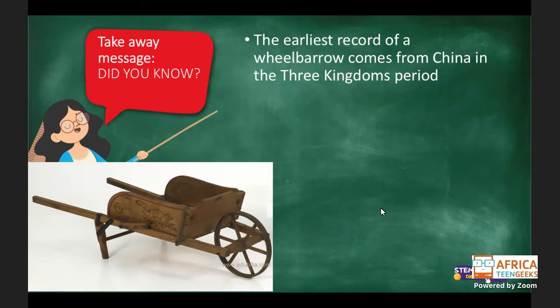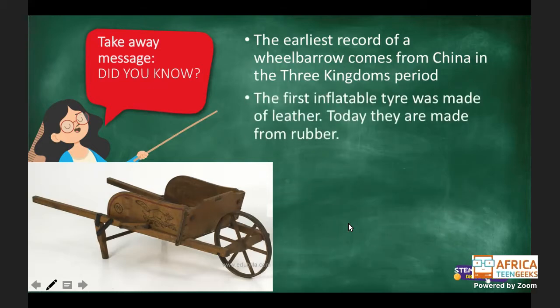As you can see, the wheel of an earliest wheelbarrow was covered with leather. Before rubber was discovered, it was covered with strong leather. The first inflatable tire was made of leather. Today most of our wheels are made of rubber.